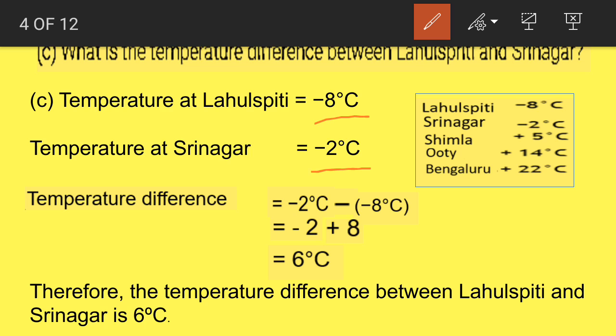Here 8 is greater than 2, but in our question both are negative, so minus 2 will be greater than minus 8. You can draw a number line and mark minus 2 and minus 8. Minus 2 will come on the right side, and minus 8 will come on the left side. So minus 2 is greater than minus 8.